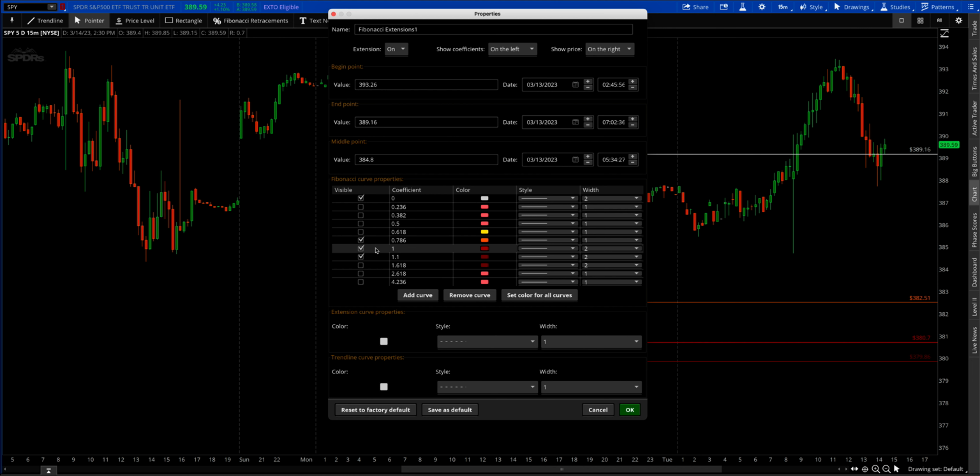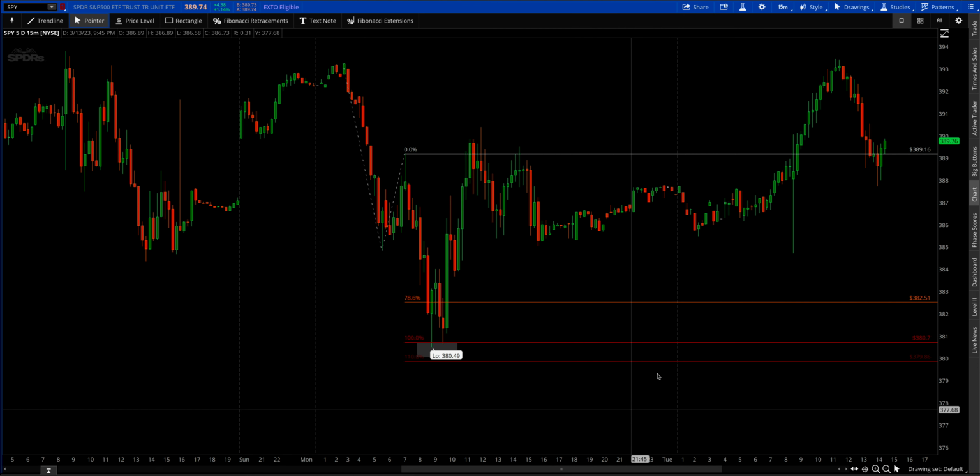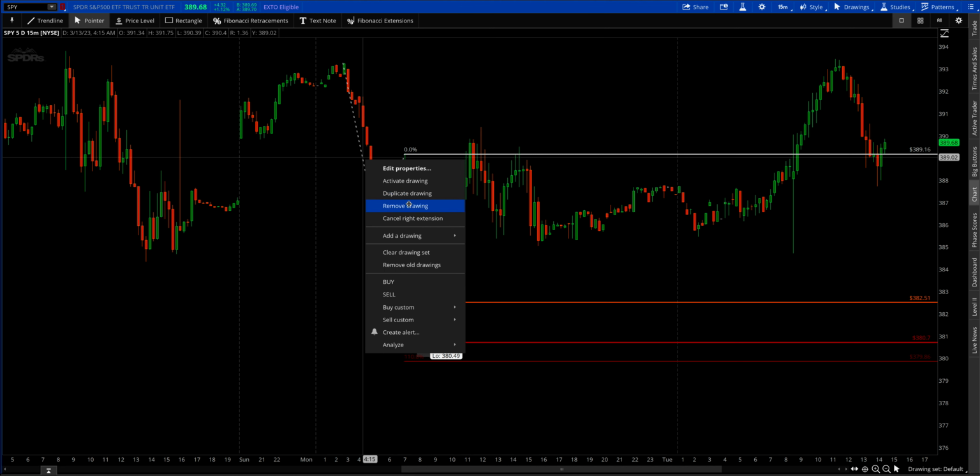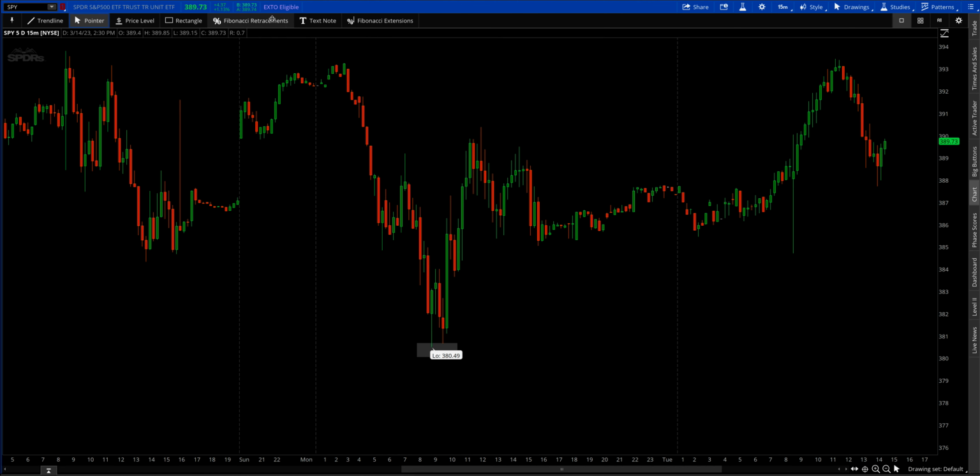I leave my 78 and the 100 and 110%. And the 78 is just basically for a reference. Up there, you start, be a little more careful up there. And that's basically it on that. Get rid of this. And I'll do the fib retrace there.